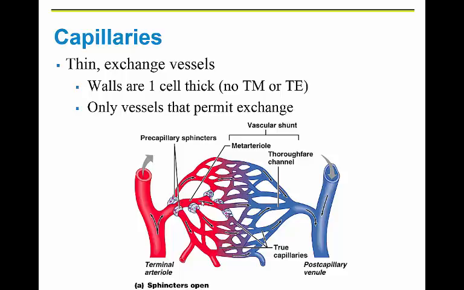If the body needs to divert blood away, those sphincters will close up and have the blood diverted away from those capillary beds. If the beds are saturated, again, those will be diverted. If there's a high demand for blood, those sphincters are going to be open. And so there's a lot of regulation by these sphincters as to how blood flows into these capillary beds.